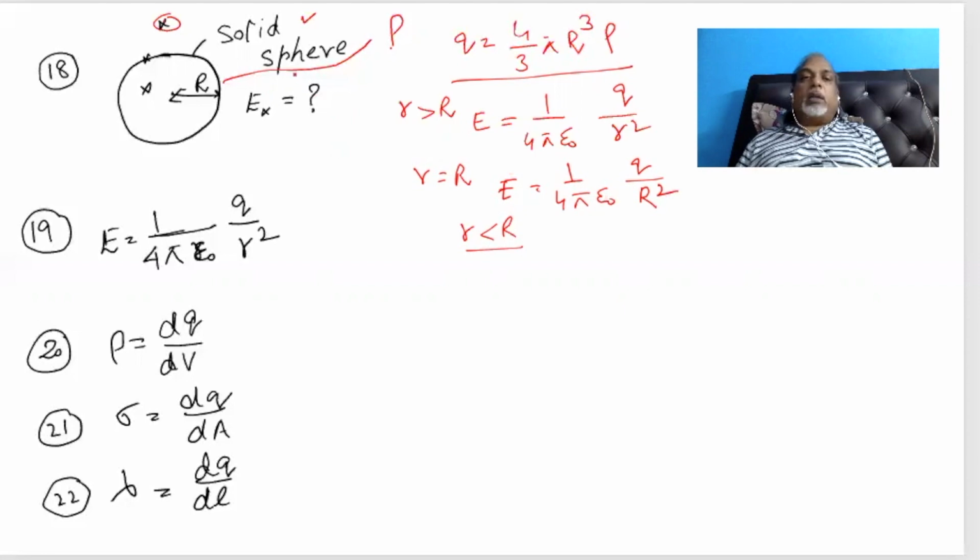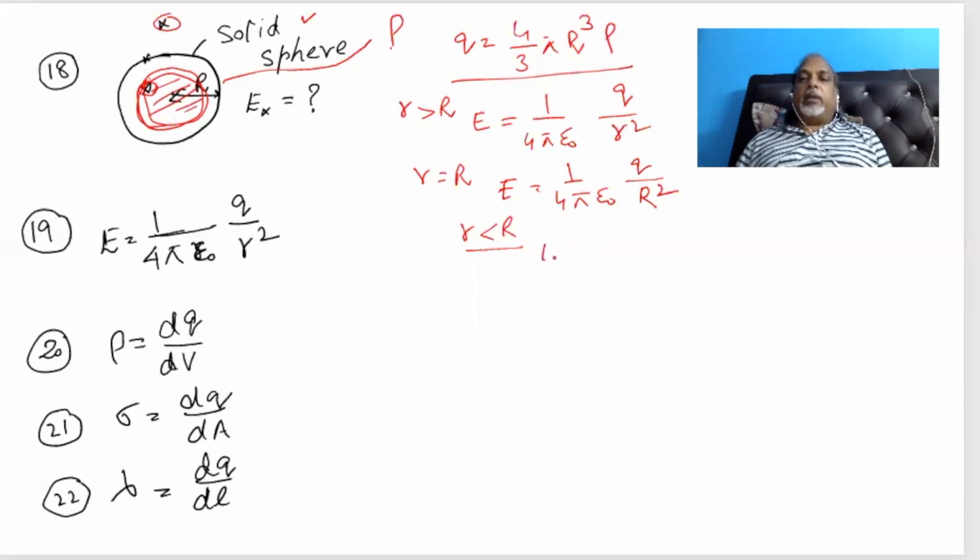But when r is less than R, naturally, since it is a volume density, charge is everywhere inside the solid sphere. If the point is inside, then only the charge inside this circle will be effective. Outside the circle will not be effective.